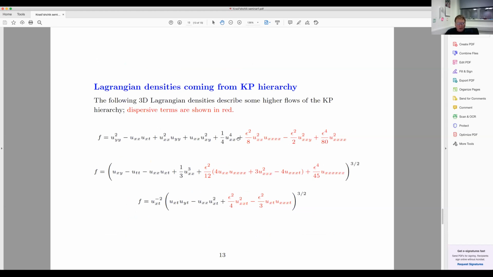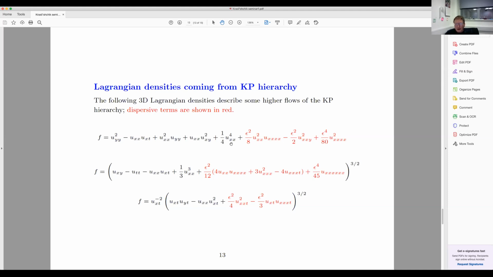Look at these formulas. I show you 3 Lagrangian densities. At the beginning, ignore all terms shown in red. Just look at this expression. It's a second order integrable Lagrangian density. And if you add these corrections, it becomes a Lagrangian density for one of the commuting flows in the KP hierarchy, right?